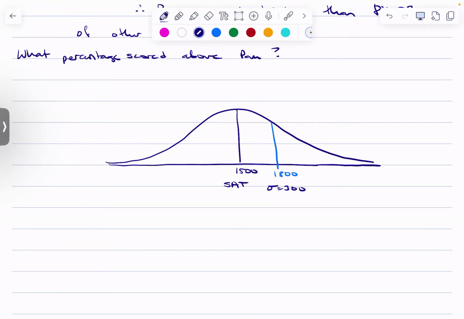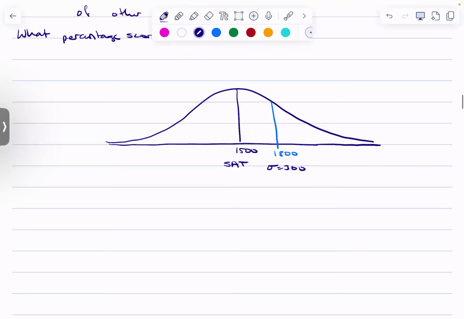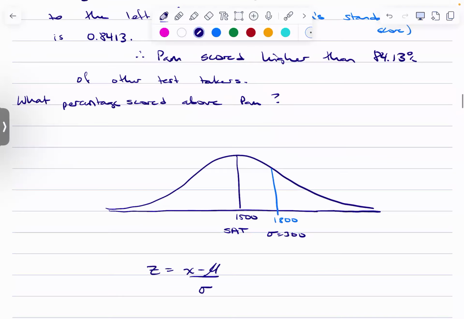What we did is we found that Z, which is X minus mu over sigma, where X is the value we're interested in. And so in terms of this question, what percentage scored above Pam? To visualize that, that would be this area.